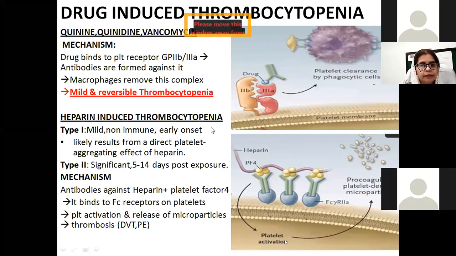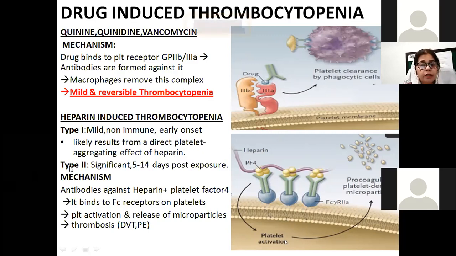It occurs early, within the first few days of starting heparin therapy, and it is because of a direct platelet aggregating effect of heparin. That is, heparin causes platelet aggregation, but the platelet count seldom drops to less than low normal.